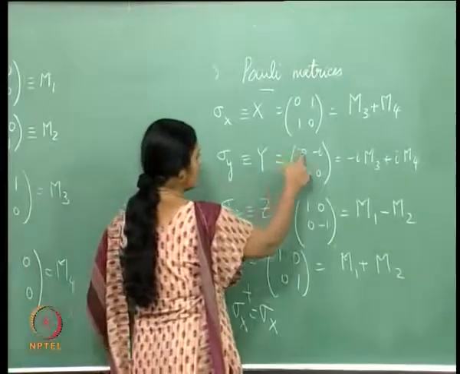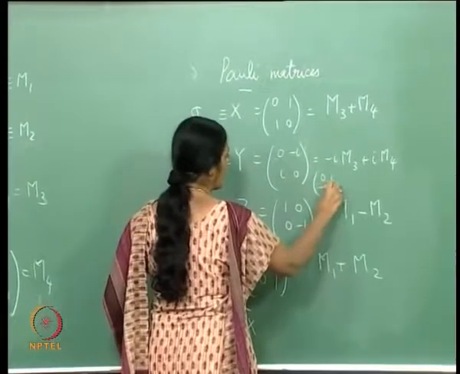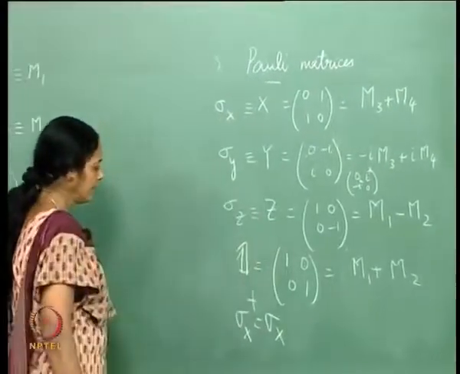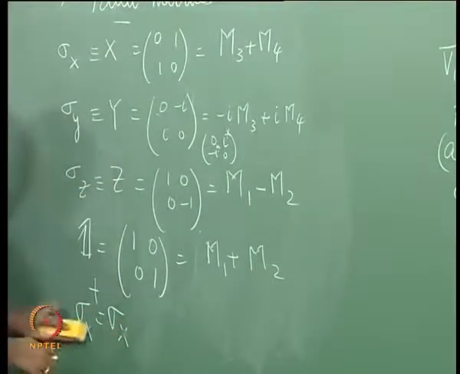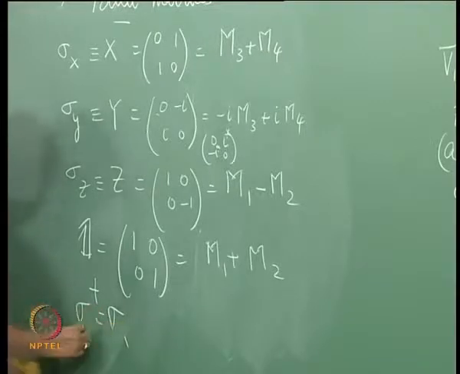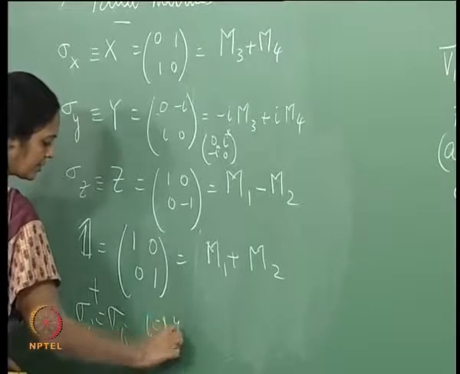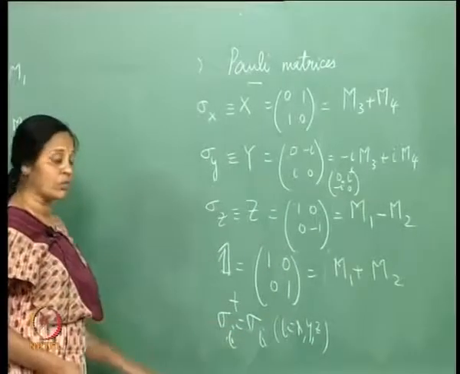So for instance, if you interchange the rows and columns here, it would become 0 i minus i 0, but take the complex conjugate and that will give you the same thing. Similarly, sigma y dagger is sigma y and sigma z dagger is sigma z. So I will call that sigma i dagger is sigma i, where i can take values x, y and z.